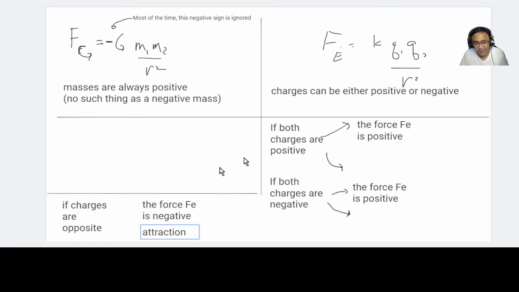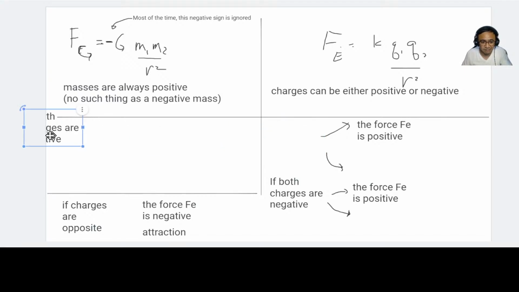So let's apply that idea here for gravity. The only possible case is both masses are positive, right? Okay, both masses are positive. Now we know, hey, what happened to repulsion?